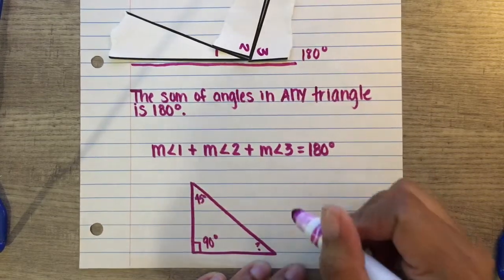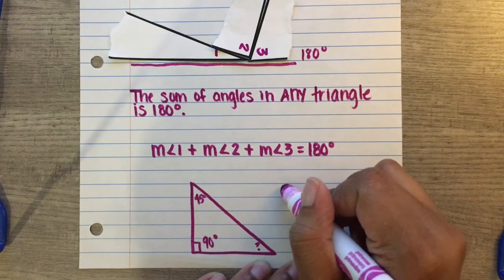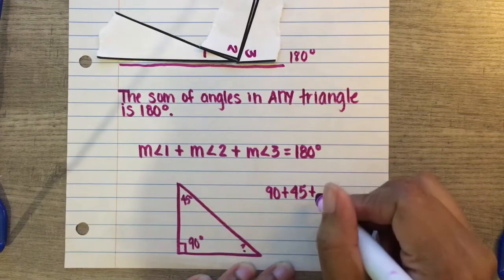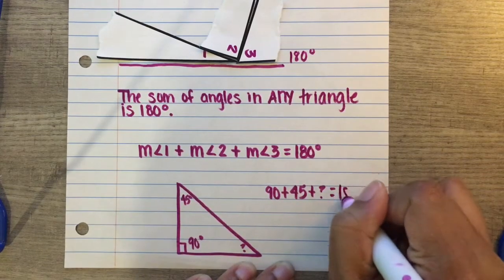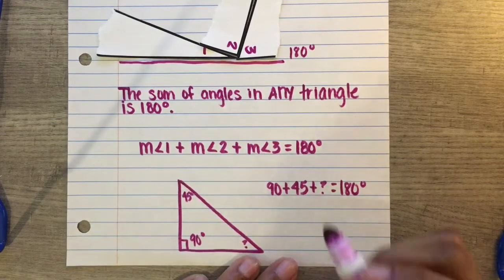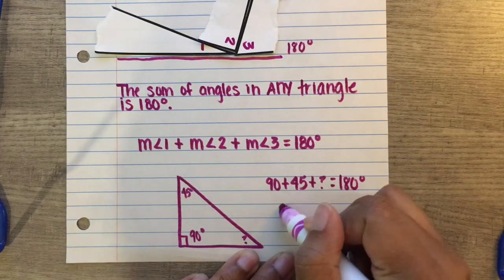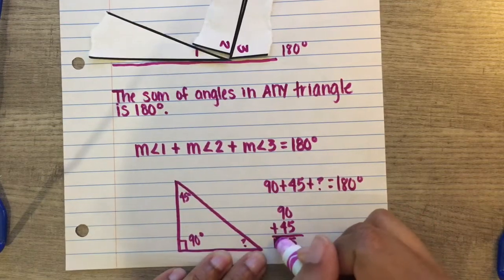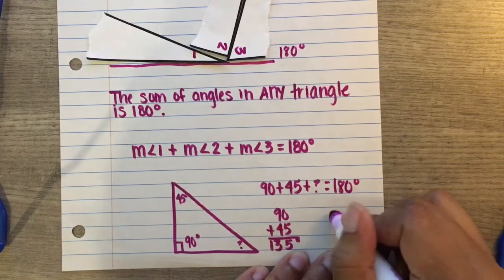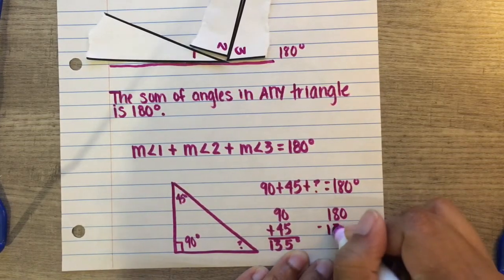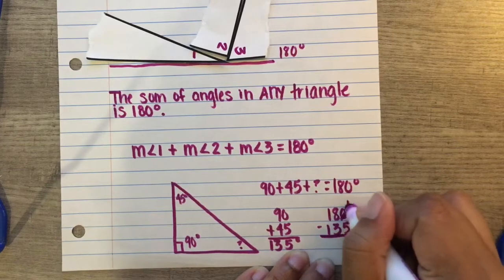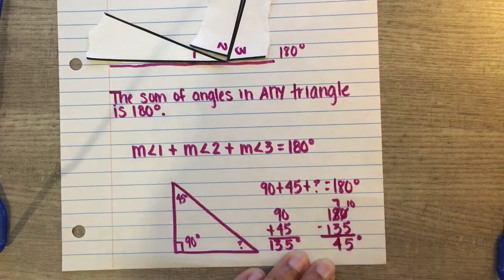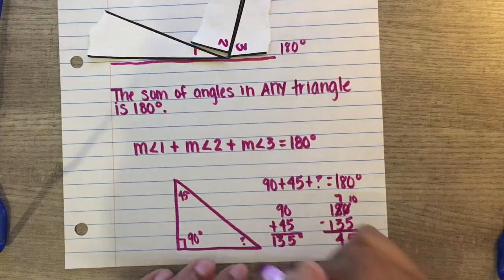Well, I know that I can add angle 1 plus angle 2 plus angle 3, and it's going to equal 180 degrees. So 90 plus 45 is 135 degrees. And I would have to do 180 minus 135. That's 45. So my missing angle is 45 degrees.